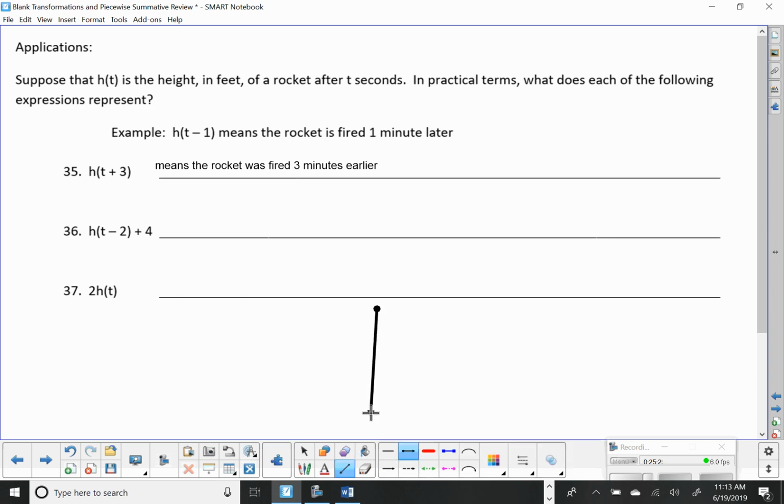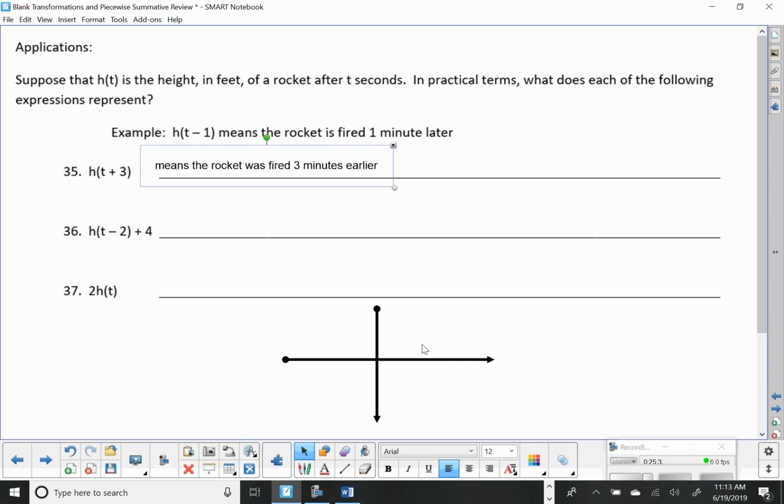Remember that we have our x and our y axis, okay? And if I just come here and I say minutes since fired, and then I have height of rocket, okay, that's on the y-axis.